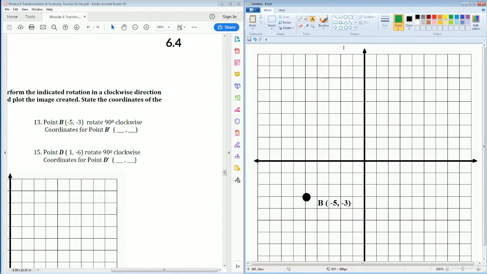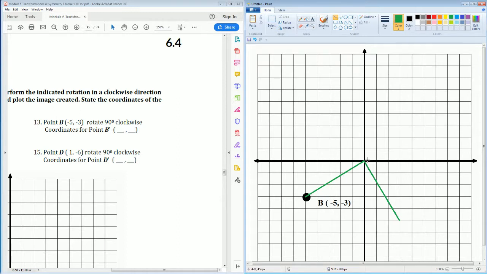Okay. So again, perpendicular line. 1, 2, 3. 1, 2, 3, 4, 5. So we are going to go clockwise. So this was 1, 2, 3, 1, 2, 3, 4, 5, perpendicular slope. Okay, clockwise. There you go. That would be your 90 degrees.